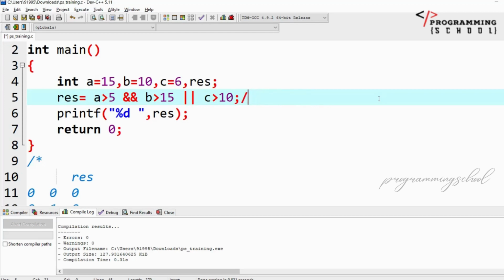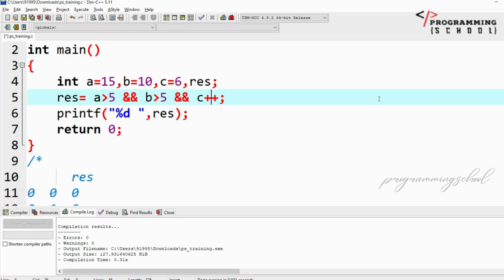Now A is greater than 5 and B is greater than 5 and C++.